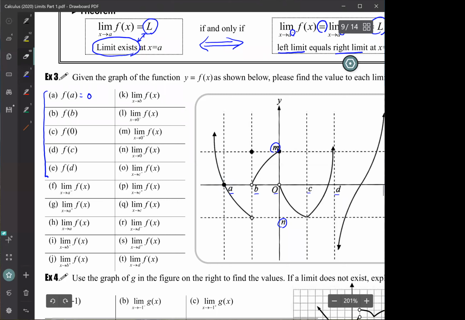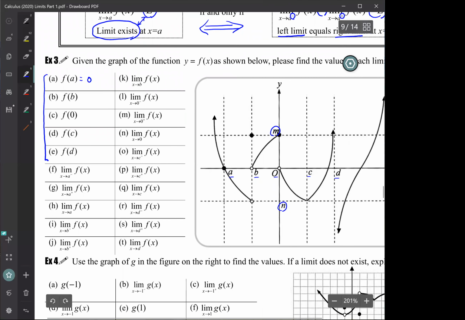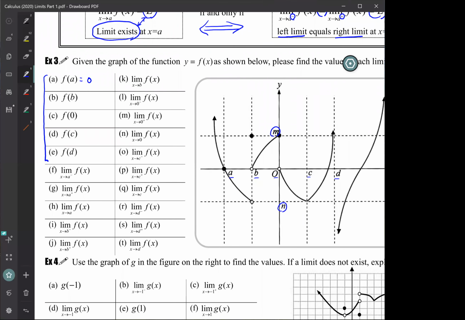Okay, and then let's pick another question. Let's pick question M. So limit x approaching 0 from which side, Jeffrey?